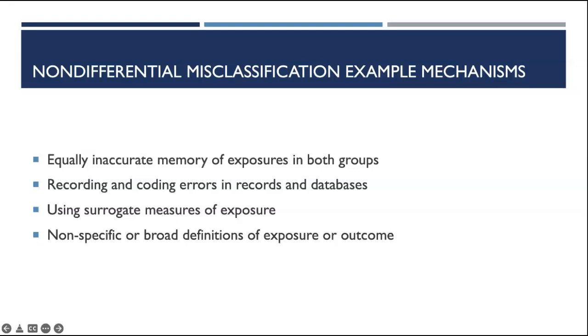That will not capture the where, the when, and how often they smoke in the subject's presence, or the subject's exposure to other sources of environmental tobacco smoke, such as the workplace. This would be a very broad definition, or maybe a non-specific definition of the exposure or outcome. Even if that misclassification happened, you would assume that it would happen equally across the two comparison groups in your study.